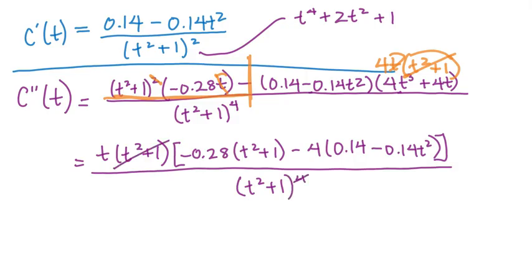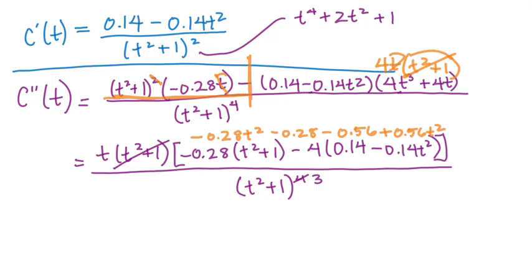So if I cross that out, I'll be left with 3 in the bottom. And then I can also do a little bit better inside the brackets. I have a negative 0.28 t squared minus 0.28. And then I have a negative, what is 4 times 0.14? 0.56. And then it becomes a plus 0.56 t squared.